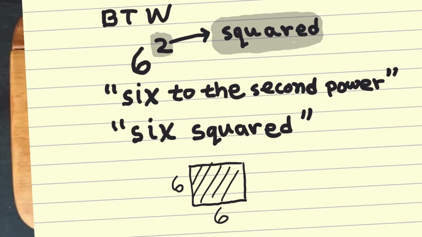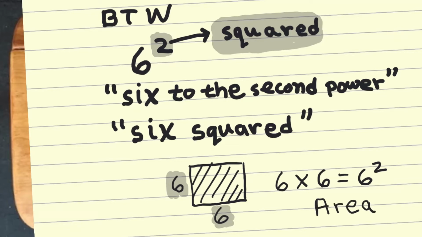If we calculate the area of the square, it's equal to the length, which is 6, times the width, which is 6. So it's 6 times 6, and the 6 is being multiplied together 2 times. So 6 times 6 is equal to 6 squared. I think that's pretty cool. That 6 squared is the area of a square of side 6.